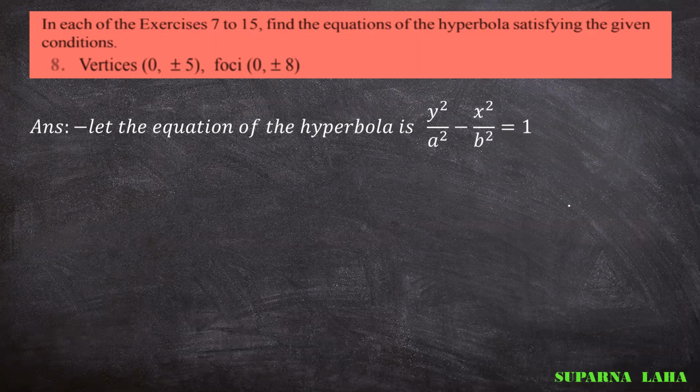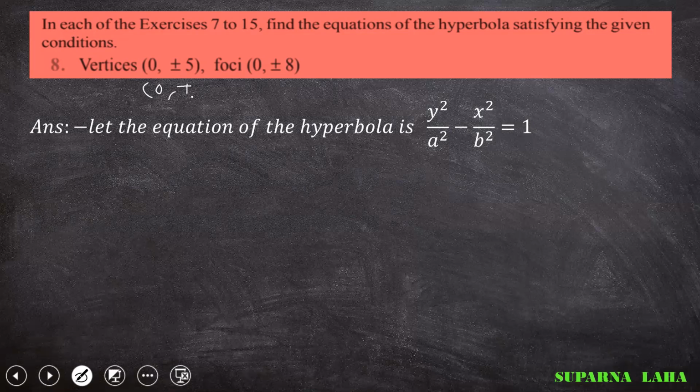If we compare the standard equation with the vertices and the foci coordinates, the vertices are 0 comma plus minus a and the foci are 0 comma plus minus ae. So a is equal to 5 and a into e is equal to 8.